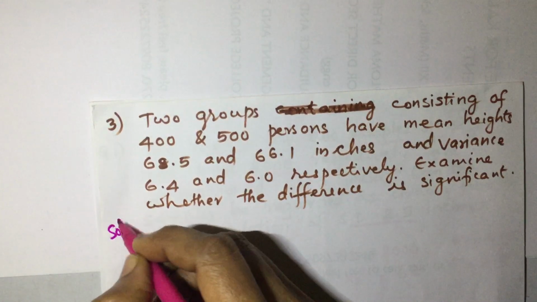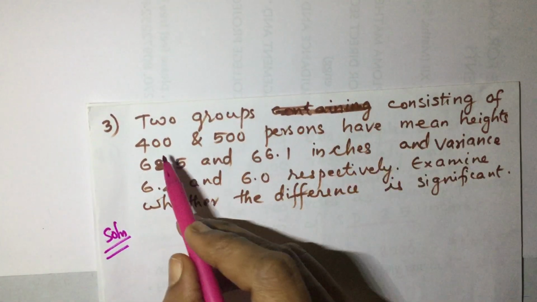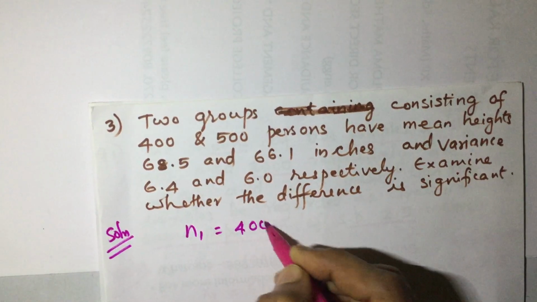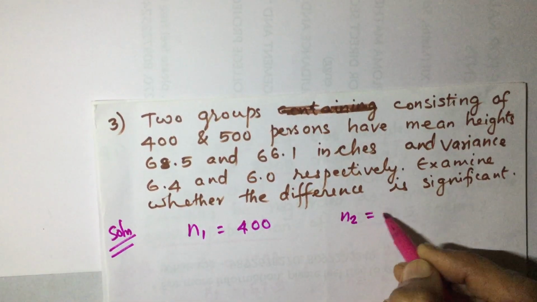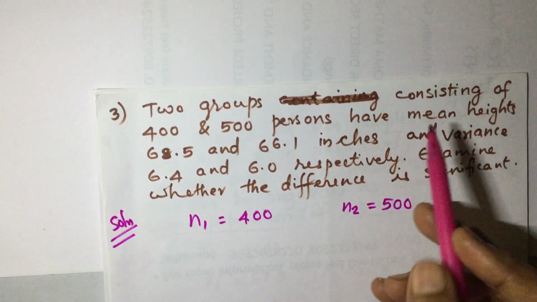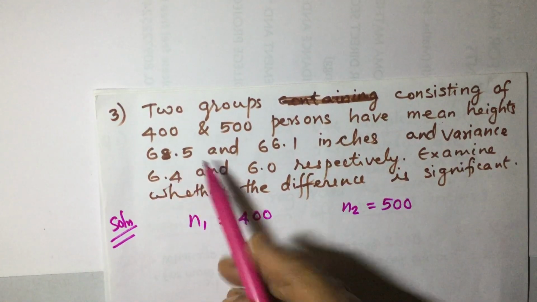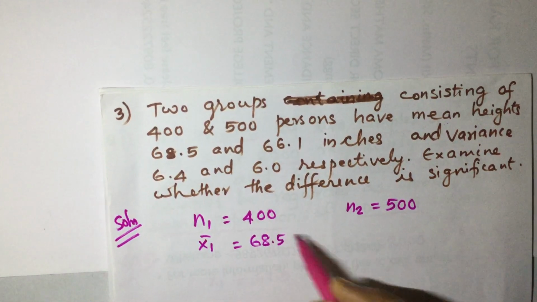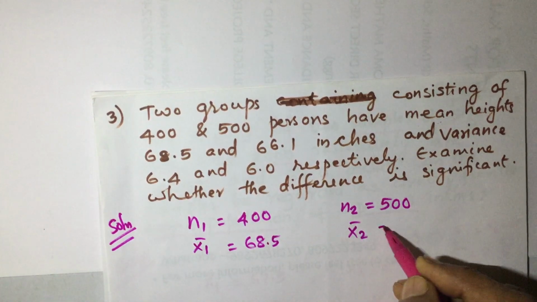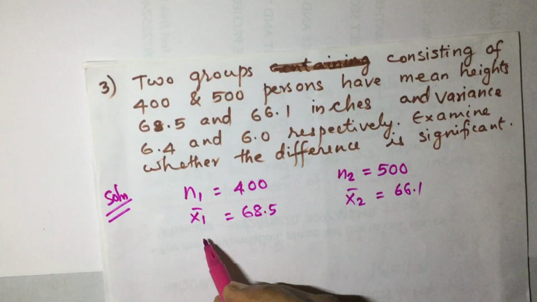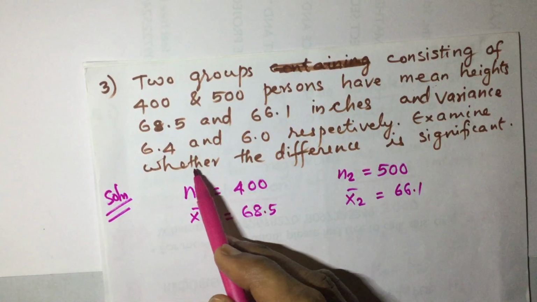So that is N1 is 400 and N2 is 500. Mean height 68.5, so this is x1 bar 68.5 and x2 bar 66.1. That is a mean, and variance 6.4 and 6.